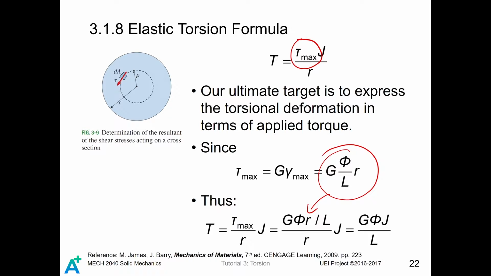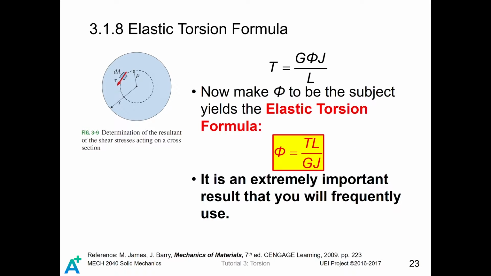At the same time, we can cancel the R out, such that eventually we get T equals G phi J divided by L. Finally, we rearrange the terms to make phi the subject of this equation. Then we get the elastic torsion formula, which is phi equals TL divided by GJ.